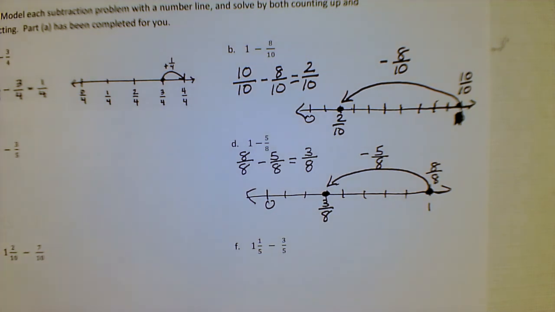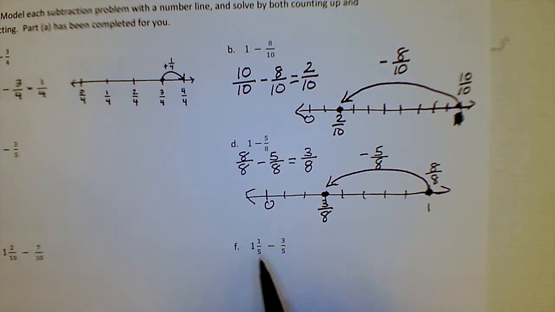You are going to try C on your own, but before I send you off to do E on your own, let's take a look at F. Because now we have what we were looking at in the second set of problems in the examples, which is that we have 1 and a fifth. The first thing I have to do is decompose this into its 1 and its 1/5. But in addition to decomposing this into 1, I also want to have the common units of fifths.